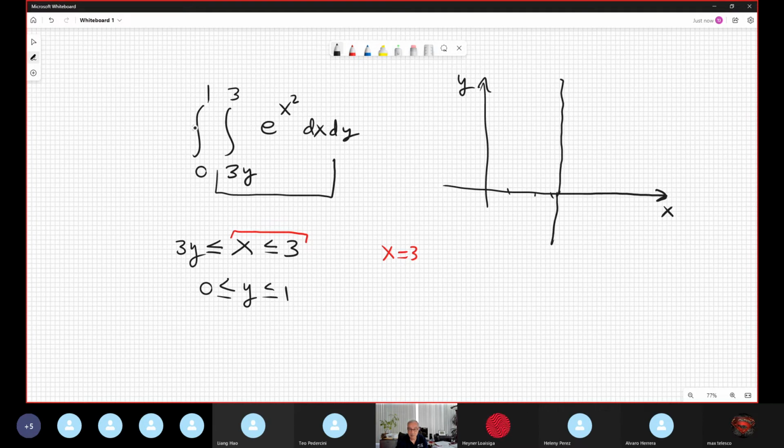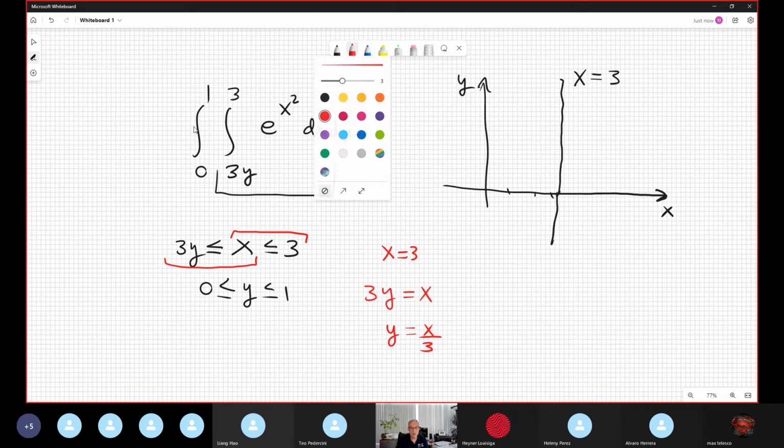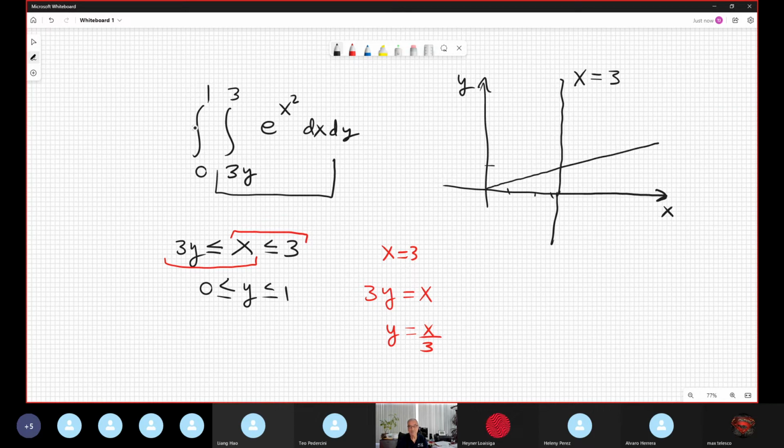This line is the line x equal 3. And that part is 3y equal x. To understand much better, for me at least, you solve for y is x over 3. It's a line, of course, with slope 1/3. Okay, therefore, I know what arises, no? It is like that. This is 1, approximately like that.